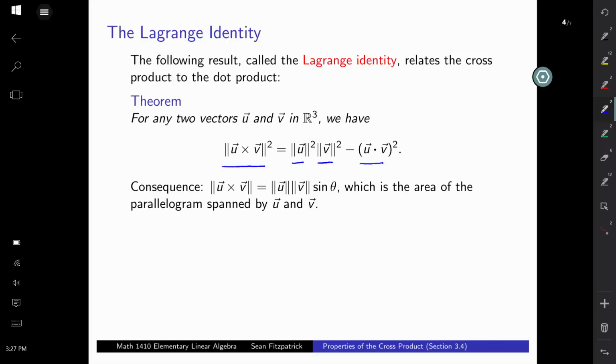It is an exercise in algebraic stamina, right? Because remember that what you're doing on the left, the magnitude squared, means you're taking the dot product of a vector with itself, u cross v dotted with u cross v. That's the left-hand side.